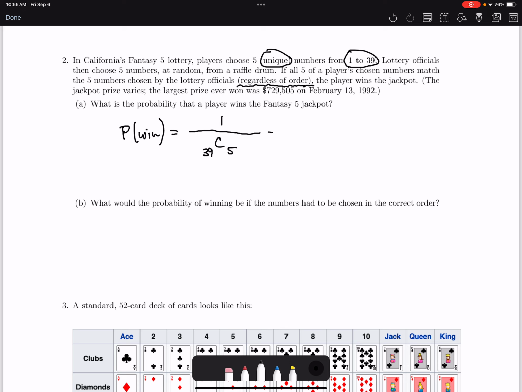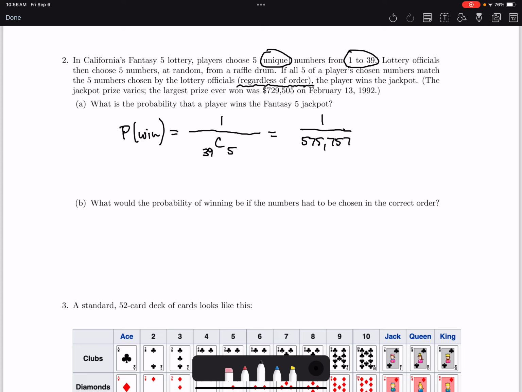Maybe I'll just type in 39 nCr 5. Okay. Oh, that's not as many as I thought. That comes out to 575,757. What an interesting number.